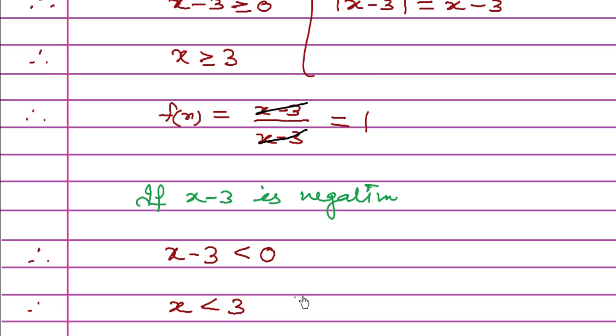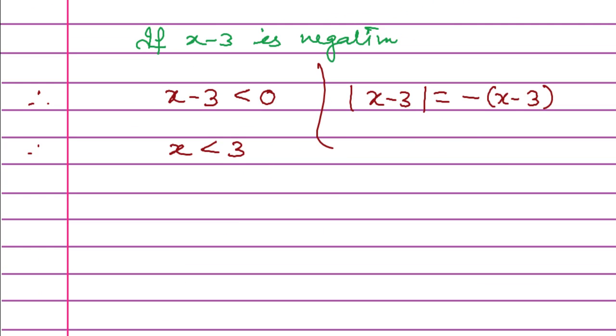Here mod of x minus 3 is equal to negative of x minus 3. So we put f of x is equal to minus of x minus 3 over x minus 3. Again we cut these two, both are the same, and we get minus 1.